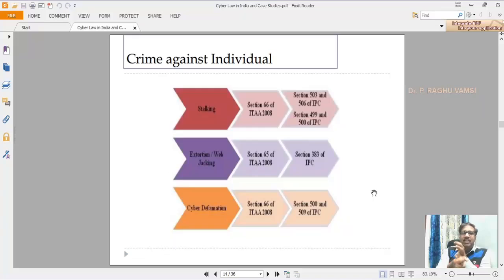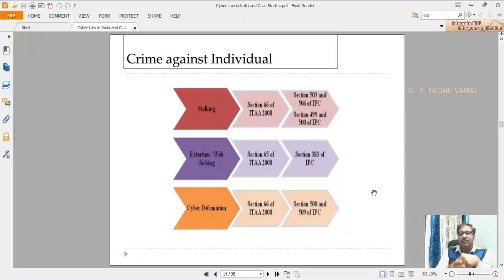So here, crime against individual. First one is stalking. This is said to be cyber stalking, sending abusive messages and all, which falls under section 66 of the IT Amendment Act 2008. Since the IT Amendment Act is only an inclusion to the IT Act, there is no change in the sections. Along with the sections available in IT Act 2000, some new things were added.